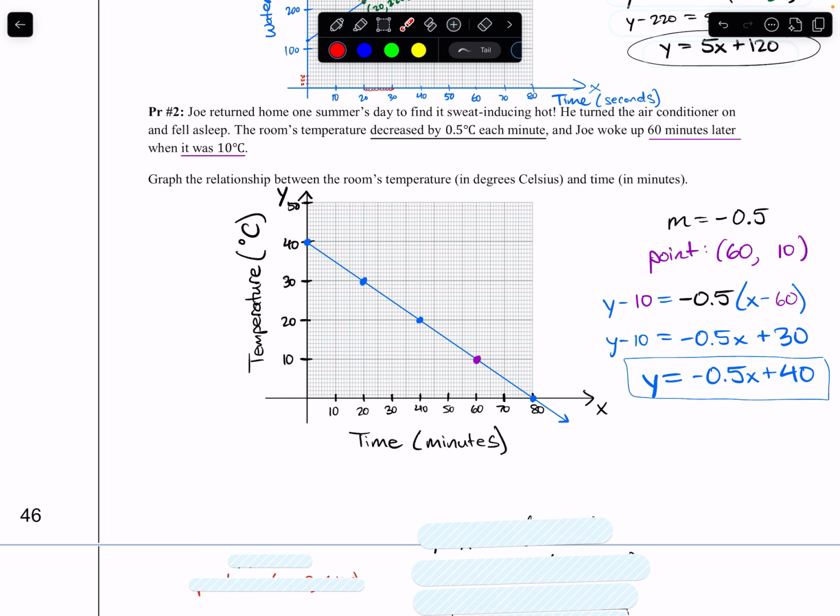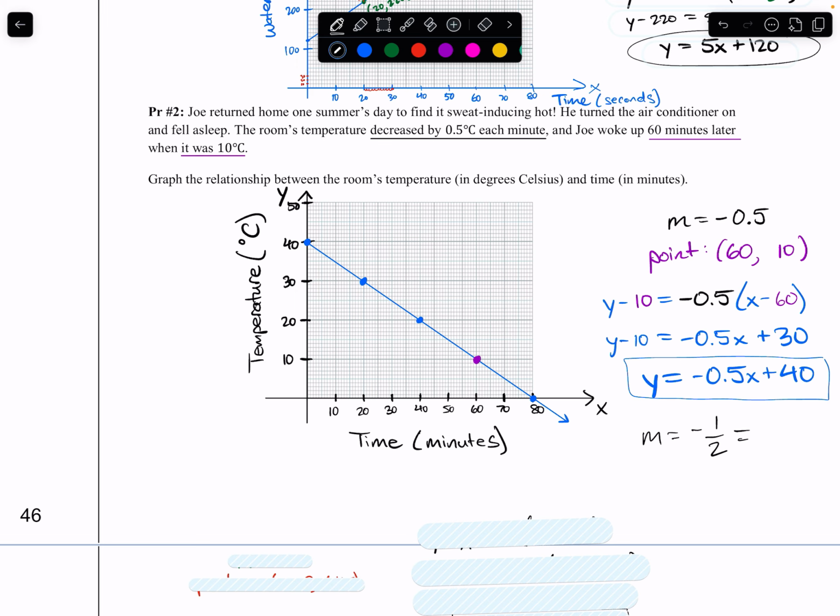And then we could graph it. We could find the y-intercept of 40, and then the slope is negative 0.5, which is saying that the slope is negative 1/2. In other words, the rise is going down 1 before we run 2.